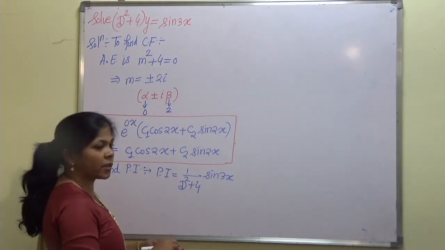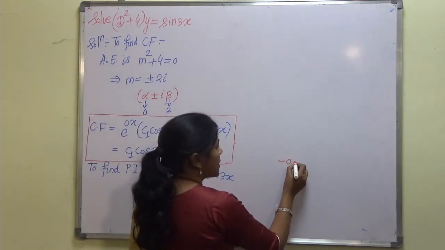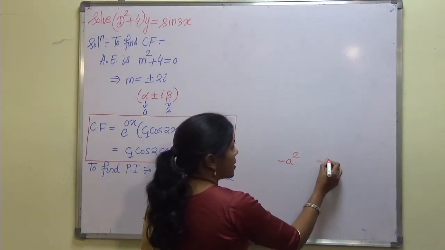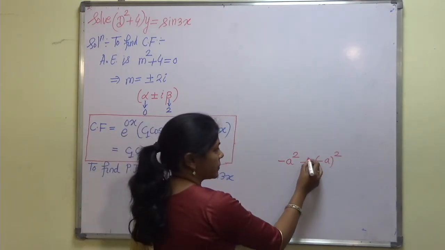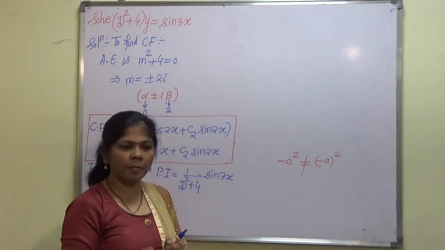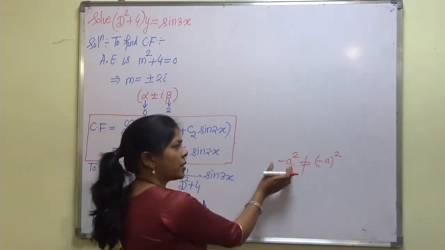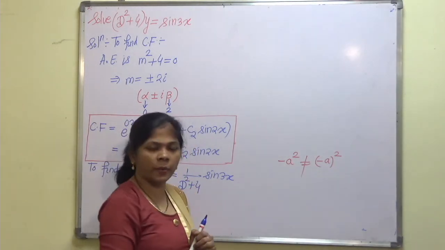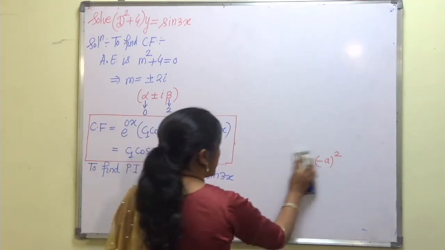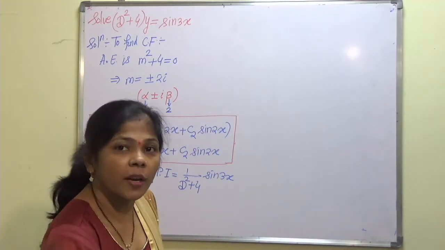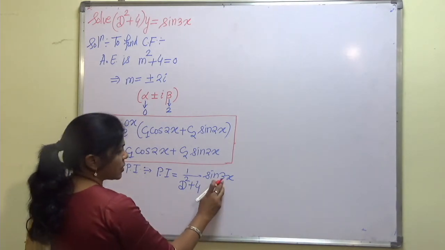Remember one thing, that minus a square and minus of a whole square are both different. Sometimes people, instead of writing this, write this one, and that is totally wrong. So the easiest way is: first take a square.